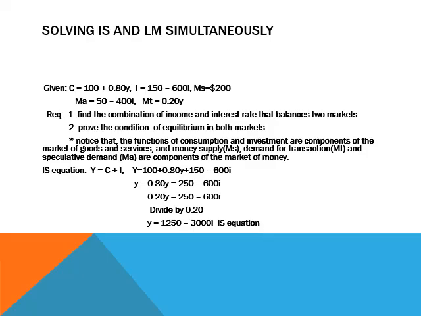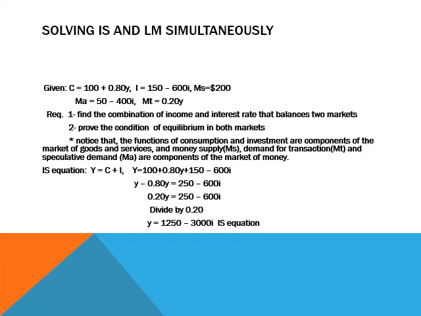Notice that the functions of consumption and investment are the components of the market of goods and services, while money supply, demand for transaction MT, and speculative demand MA are components of the market of money.